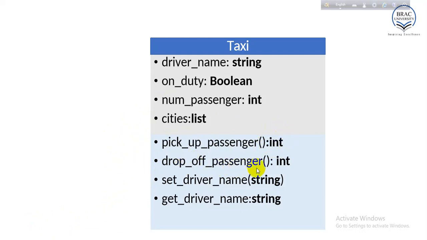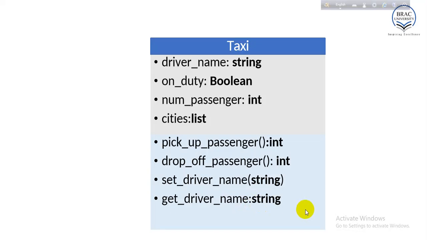Drop off passenger will subtract 1 from the passengers. Set driver's name: we have to set a new driver's name, so we will provide a string as the argument. And get driver's name: we do not need any argument, but we will get a string.